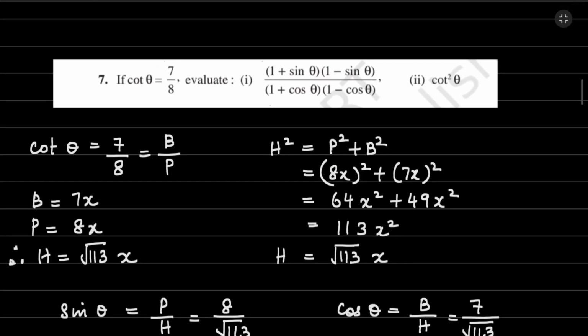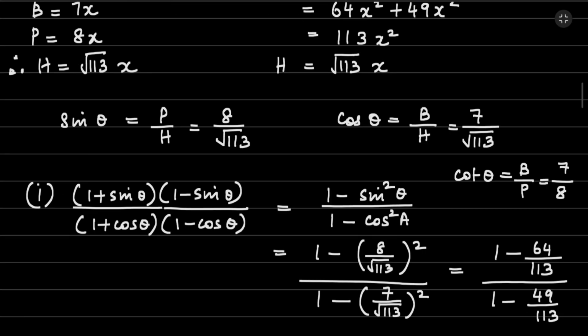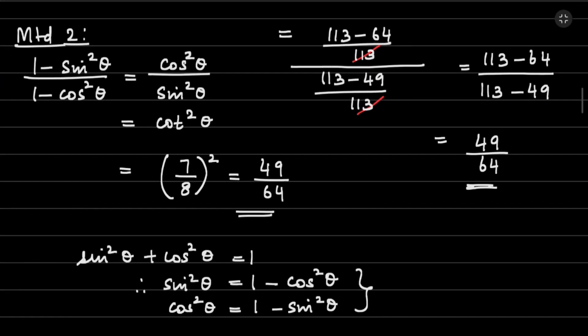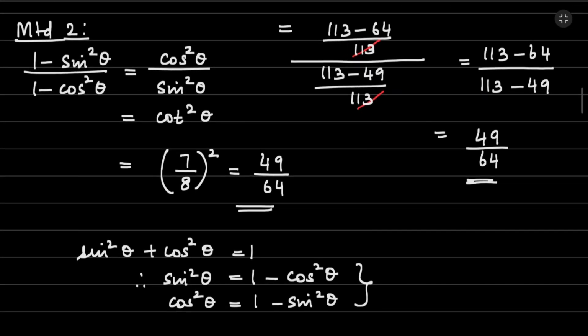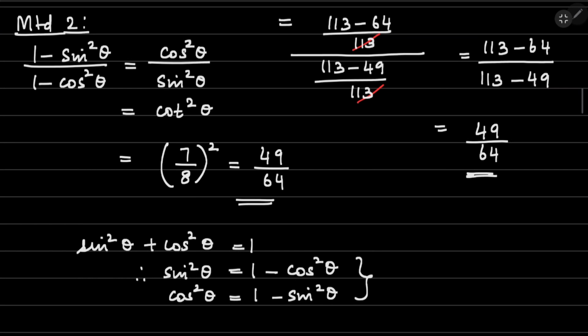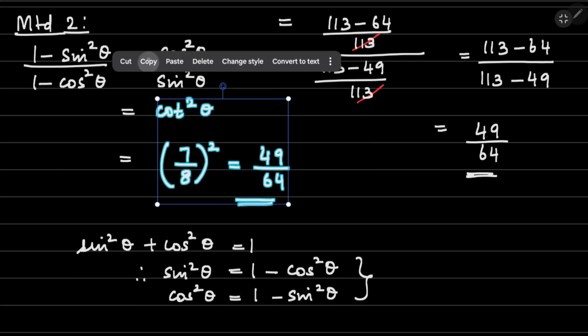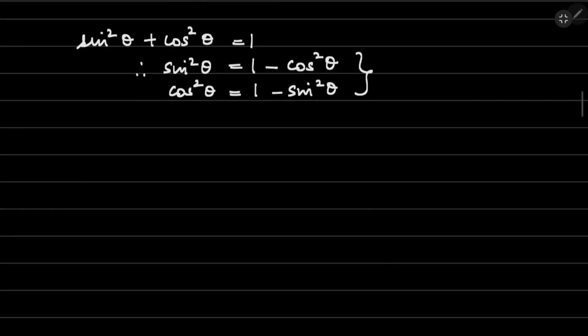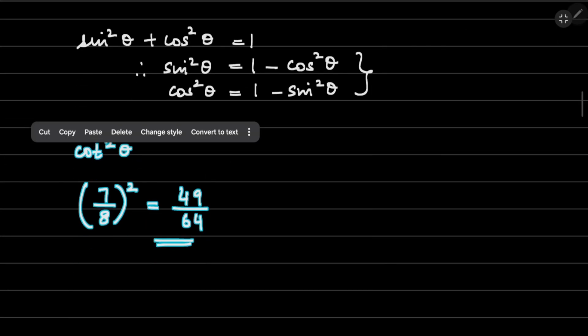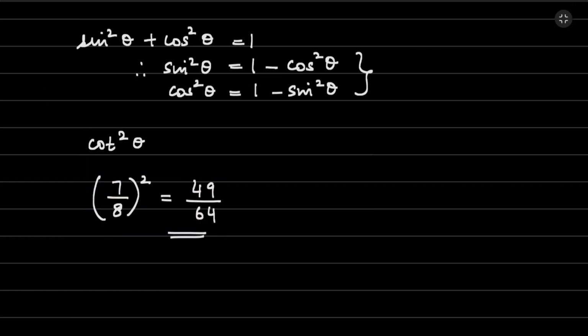Second one, you have to find out what is cot square theta. We just calculated it, right? What is cot square theta? The same thing. So this is your second answer.